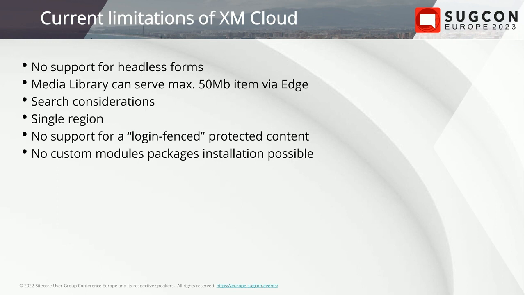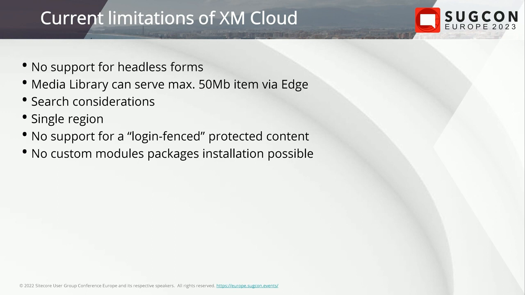The media library has a limitation of 50 megabytes per item, which would be served via Edge. Search is no longer an option in terms of custom indexes for client websites. Of course, there is a search powering your CM instance, but it's reserved for internal purposes.